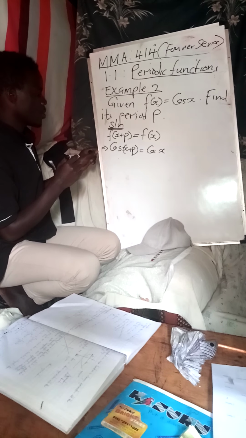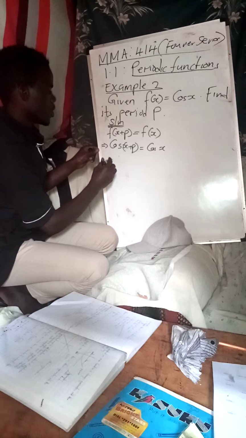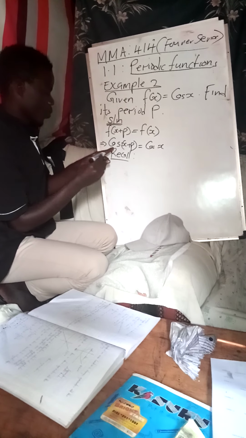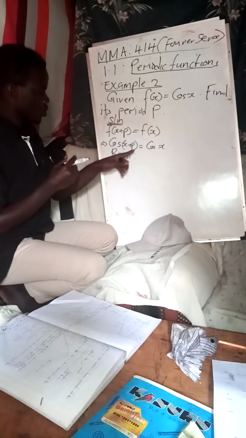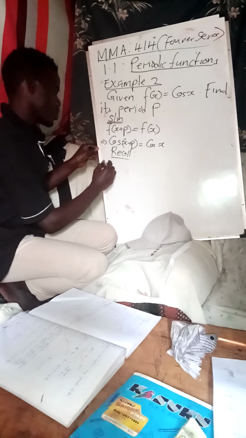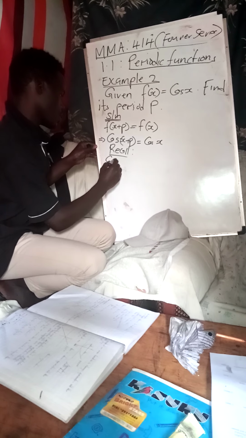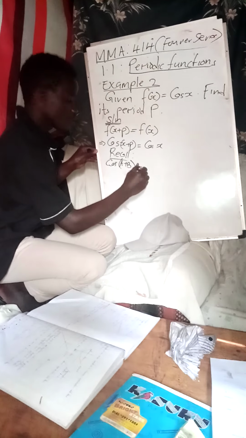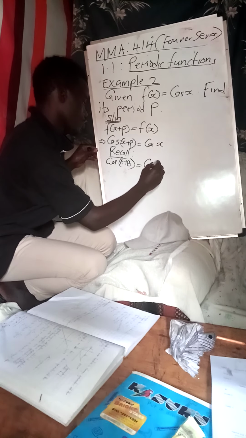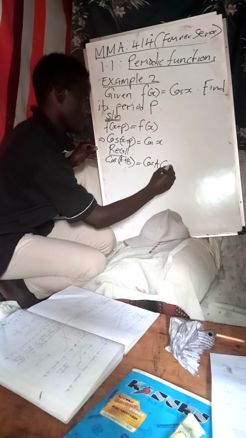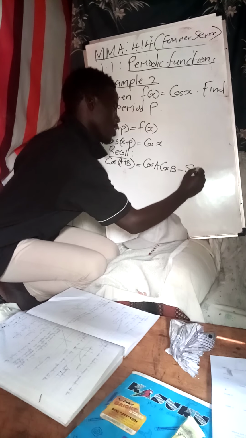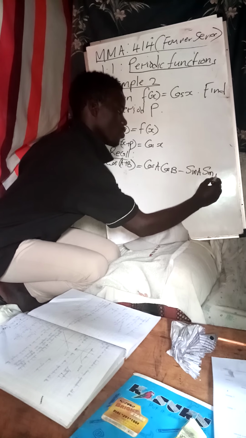So with the same, we recall the cosine expansion of this summation, which is written as cos of a plus b equals cos a cos b minus sine a sine b.